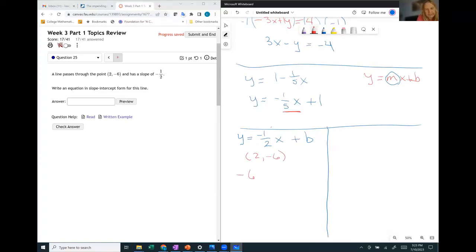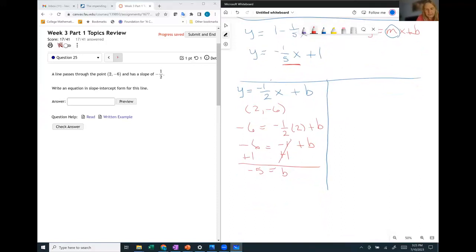So I have -6 equals -1/2 times 2 plus b. -6 equals -1 plus b. I add 1 to both sides. I get -5 equals b. So I know my equation. y equals -1/2 x minus 5.